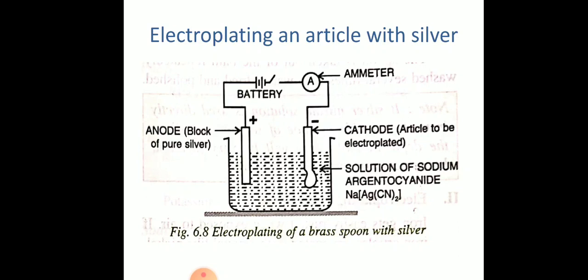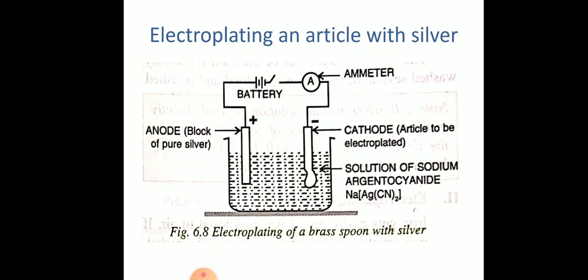On the other side, at the anode, we have taken a block of pure silver because this metal needs to be deposited on the brass spoon. The electrolyte, that is the solution, is sodium argentocyanide, with the formula NaAg(CN)2.